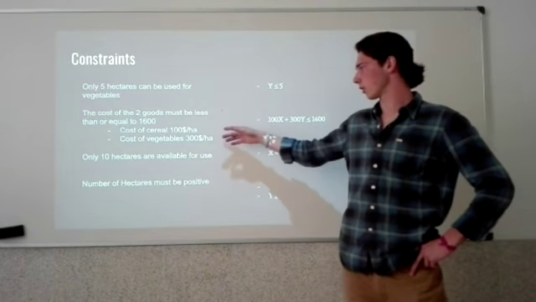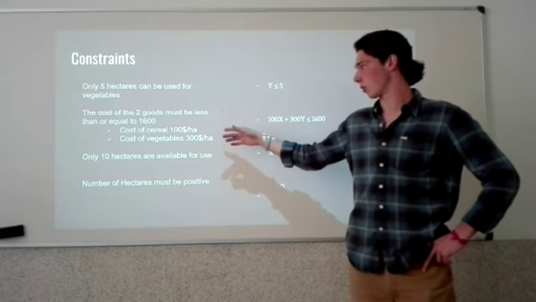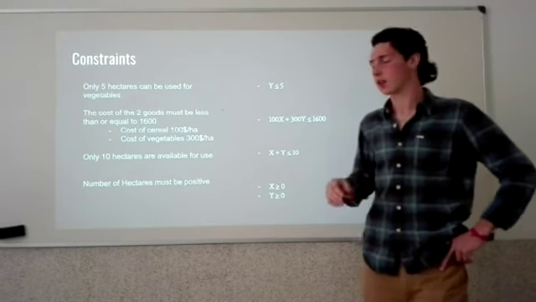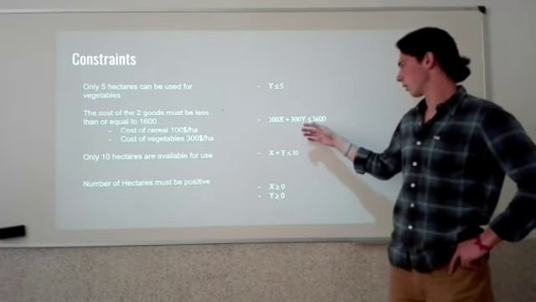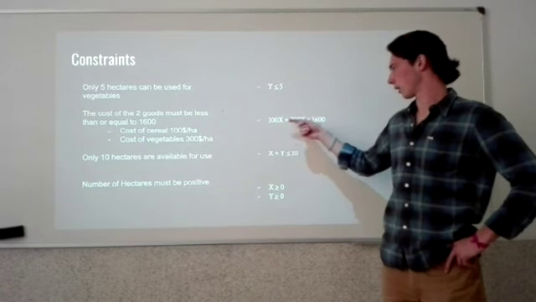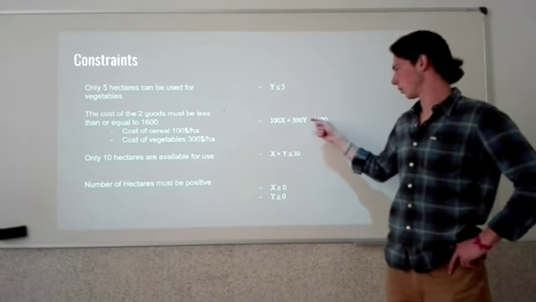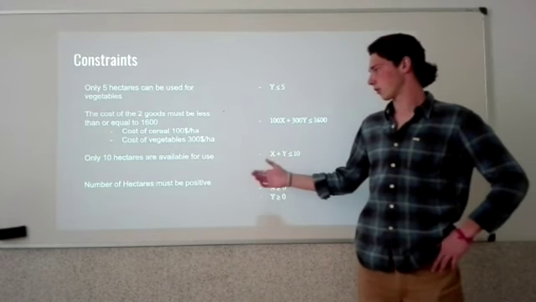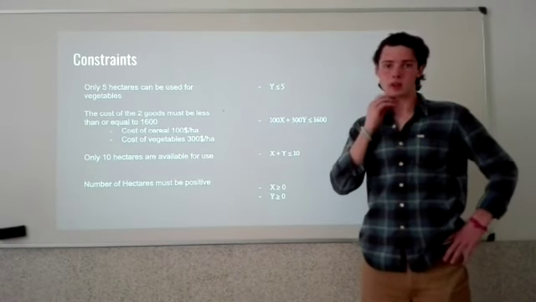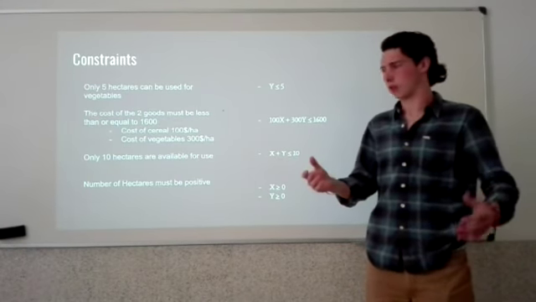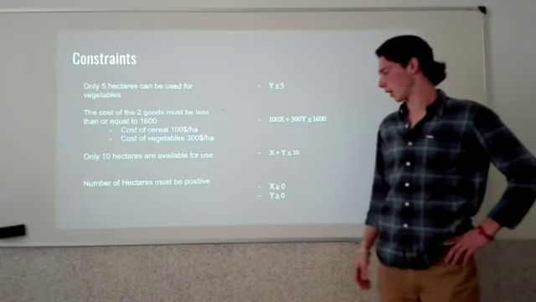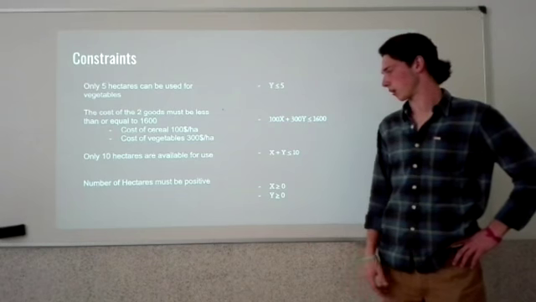The cost of cereal is $100 per hectare and the cost of vegetables is $300 per hectare, and those multiplied by the hectares of each variable and added together must be less than or equal to 1,600. We only have 10 hectares available on his plot of land, so the sum of those two must be less than or equal to 10, and per usual, both variables must be positive.